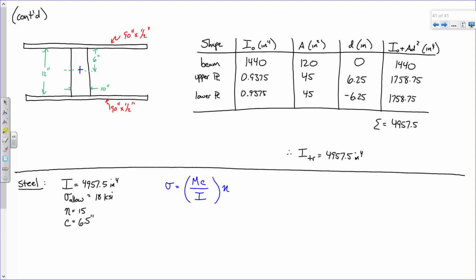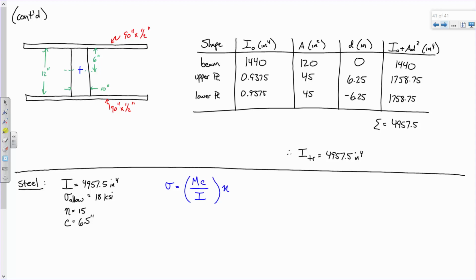Because our moment of inertia comes from our transformed section, which has been transformed into wood. It's a beam that is only wood. We're doing a check right now on the stresses in the steel, so we have to multiply those stresses by 15 to bring it back to evaluating a steel plate.